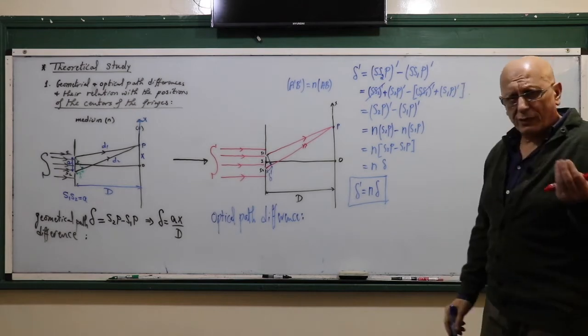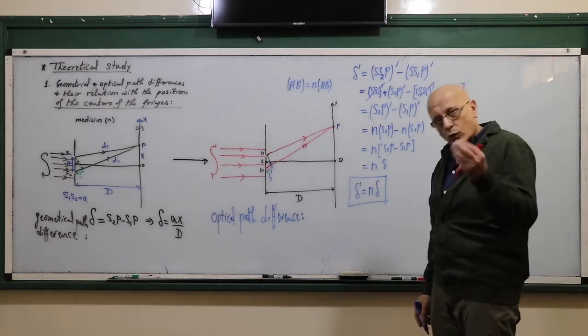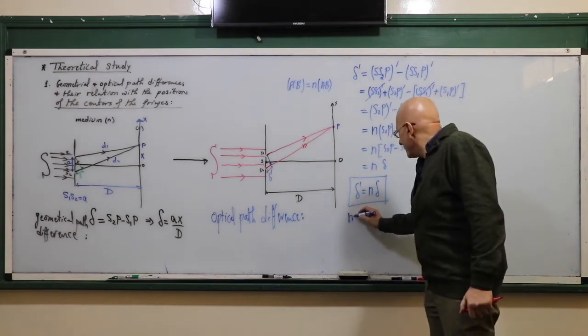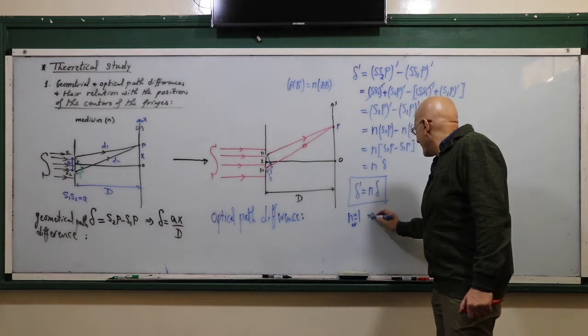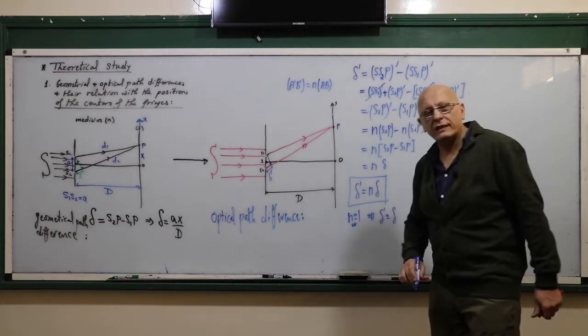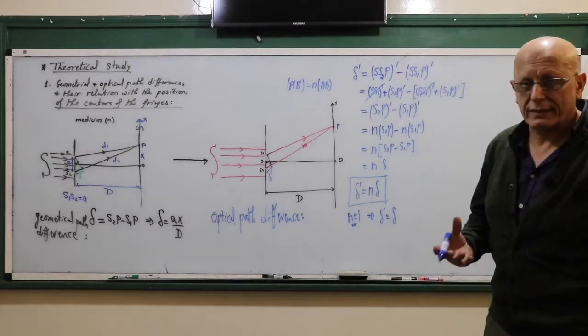Now, since we are working in air, n will be approximately 1, so the optical path difference is approximately equal to the geometrical path difference.